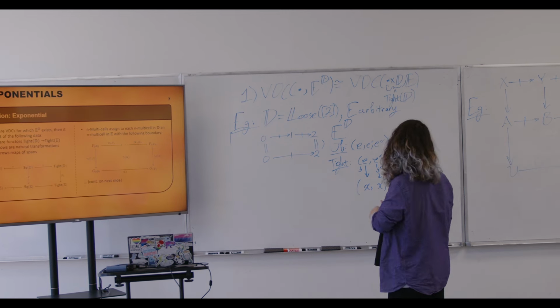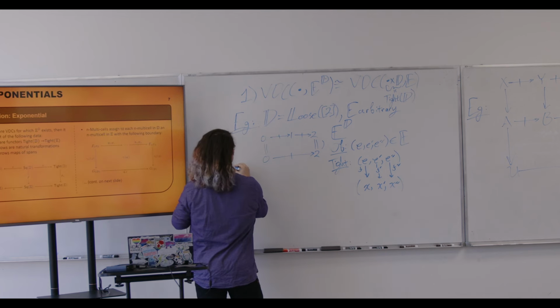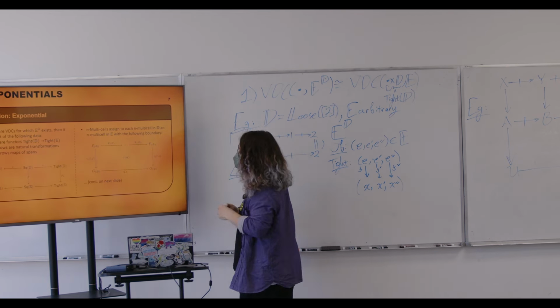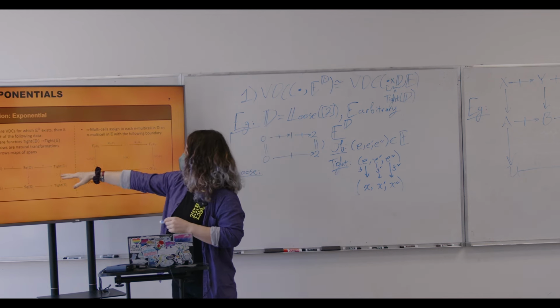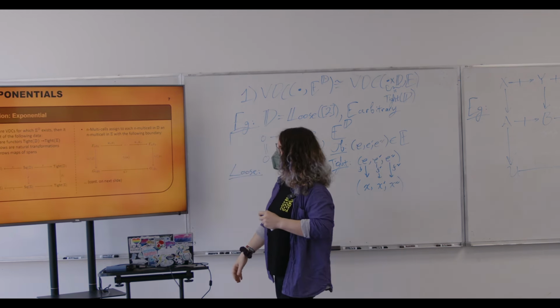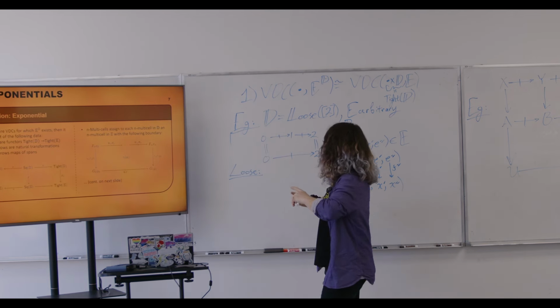Maybe don't want to erase that quite yet. So maybe I'll go over here, the loose things. So loose things were these maps of spans. So in particular, we're only acting on the unary cells.